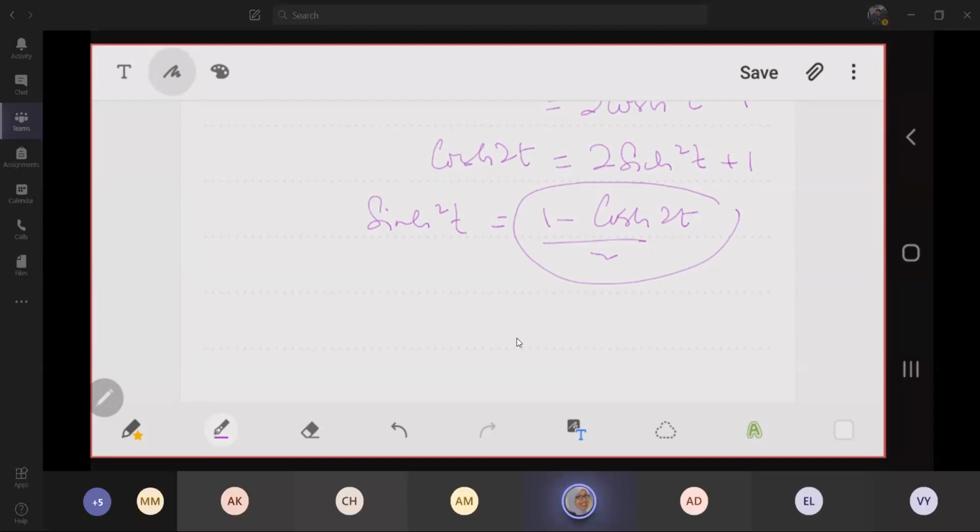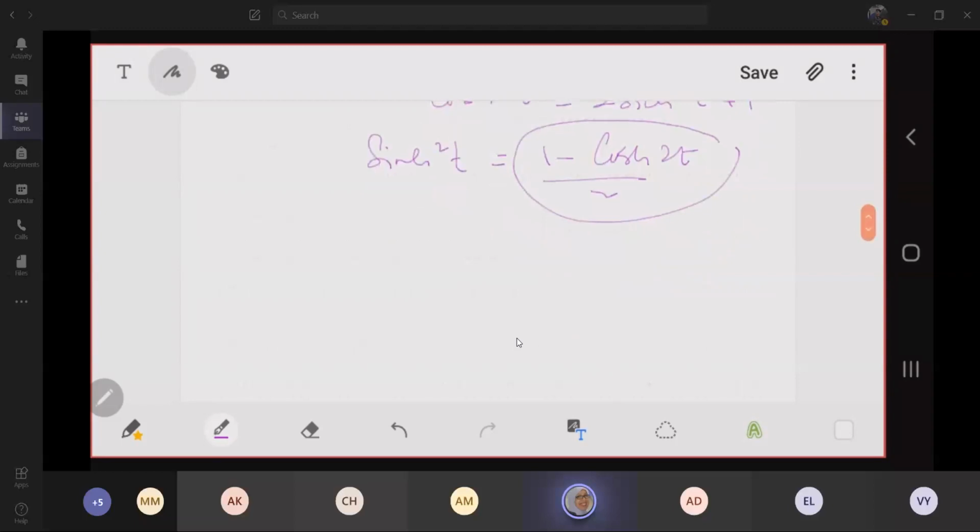Okay, so there's 37, the second part, by using substitution y is equal to sine squared x, or otherwise show this.